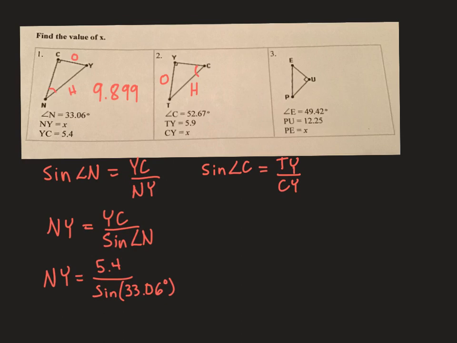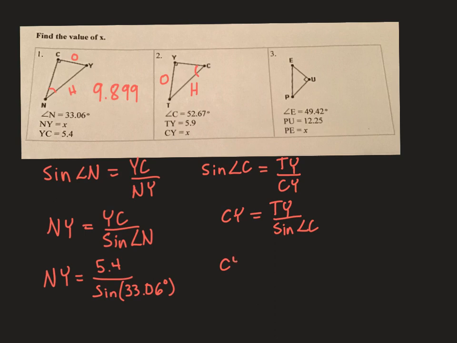Once again, when I rearrange to solve for CY, I get CY is equal to TY over sine of the angle C.